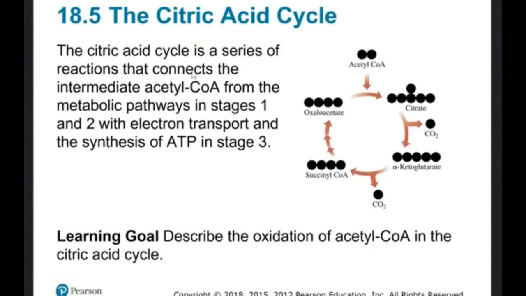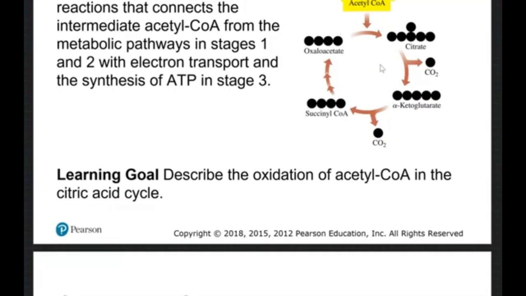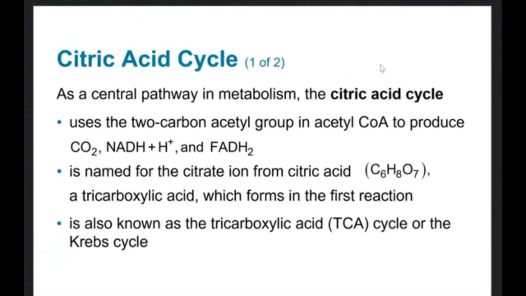So once acetyl-CoA has been produced, it enters the Krebs cycle. It is the central pathway of aerobic metabolism of glucose. Okay?